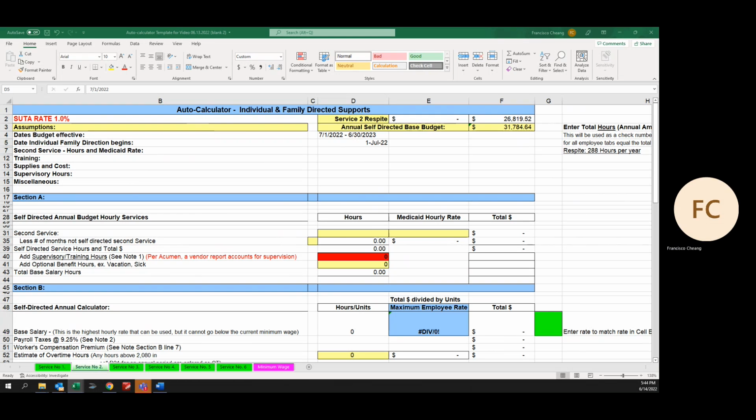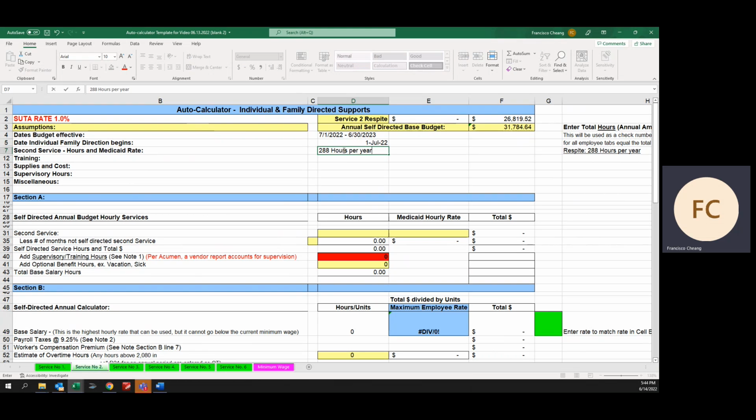We can, just like we did in the first page, enter our service hours in here, 288 hours per year. And we know for this service, we've already crunched the numbers for the quarterly unit, and we know we're gonna be billing Medicaid $17 per hour.